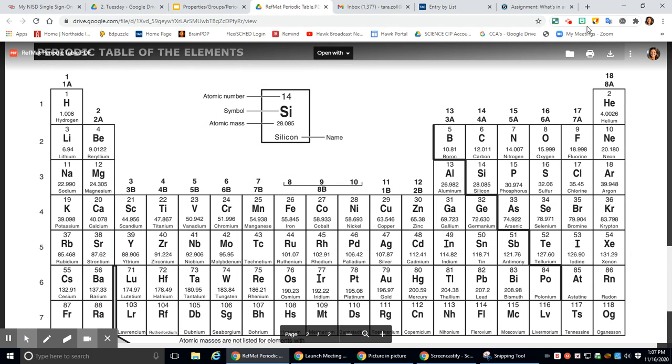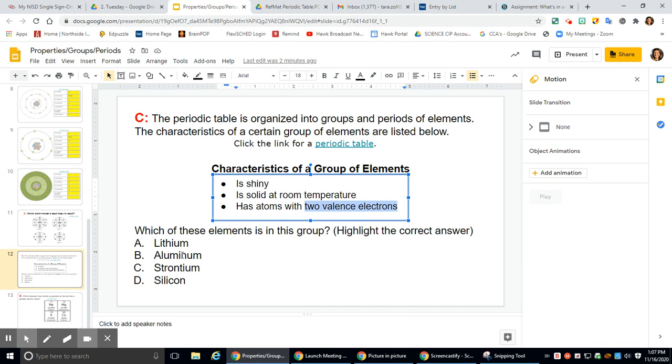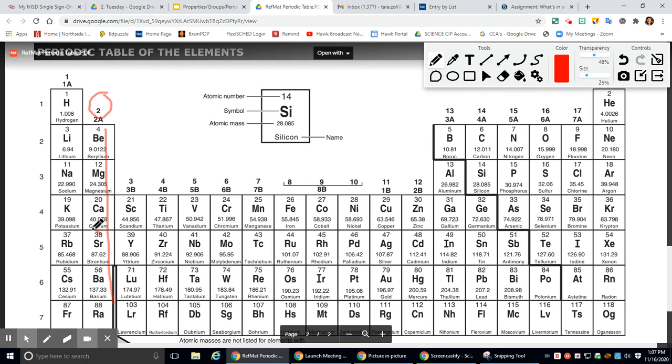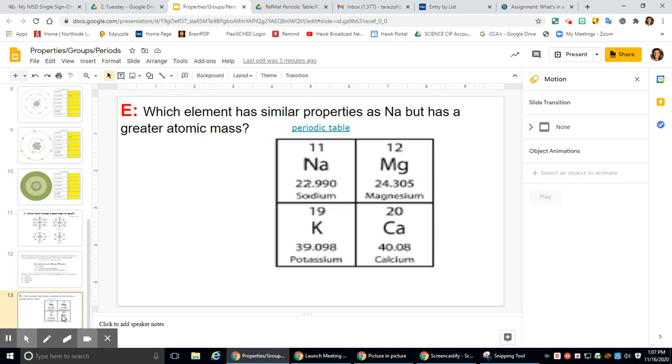So I'm going to go to my periodic table and see what elements are in group 2. So here I have group 2, so all these elements have 2 valence electrons. So going back to my answer choices, strontium, let me see if that is correct. It's in group 2, so I can circle that answer.